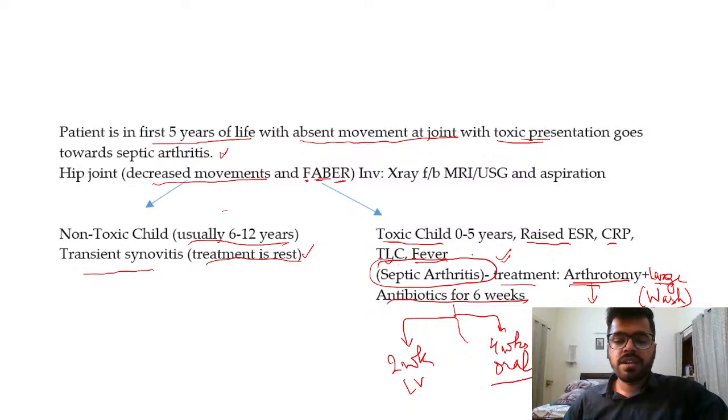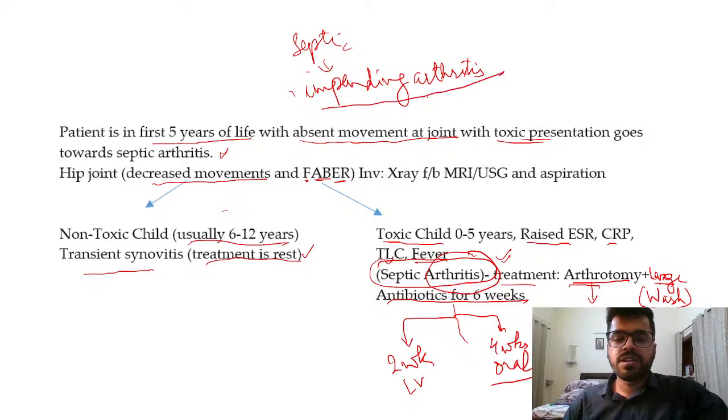So septic arthritis is actually a misnomer. It is not an arthritis. Septic arthritis is impending arthritis. If we do not intervene surgically, it will lead to arthritis. It is an orthopedic emergency.